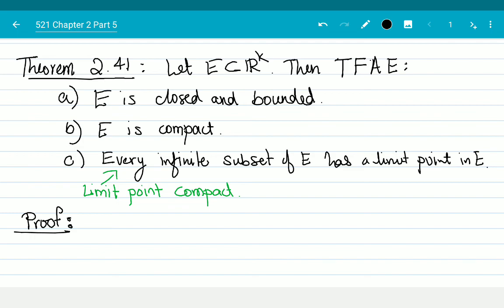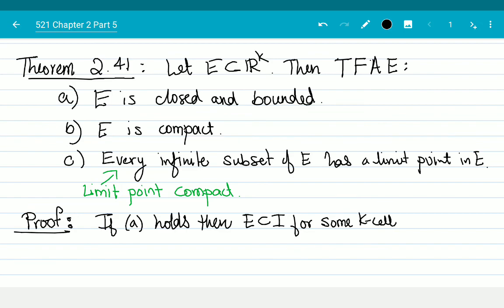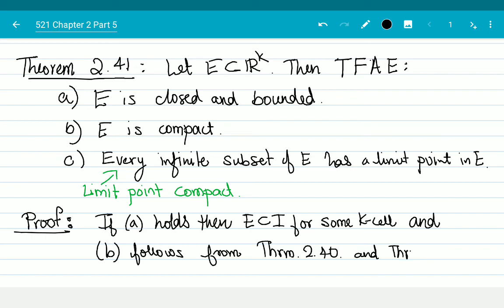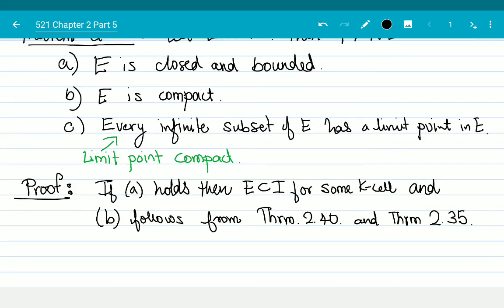So let's prove it. If A holds, then E belongs to I for some K cell, and B follows from theorem 2.40 and theorem 2.35, which says a closed subset of a compact set is compact.